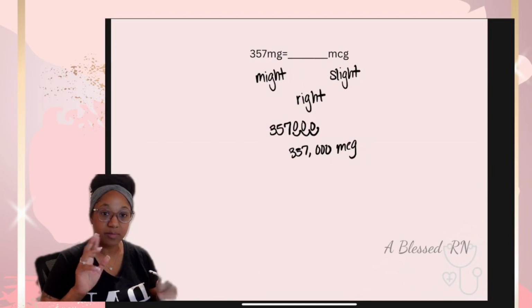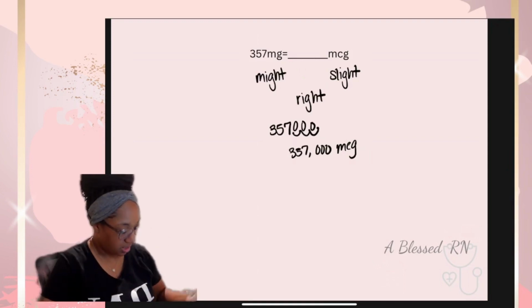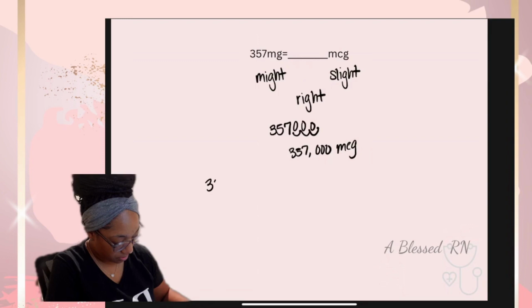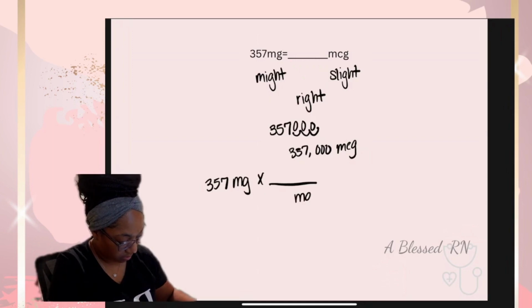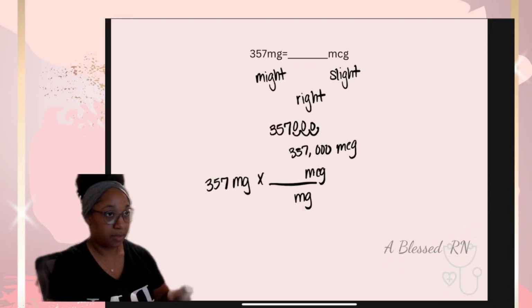But if you wanted to set it up using conversion steps, like in dimensional analysis, if you can't remember slight right, little large left, I'm going to show you how to work it out. 357 milligrams, with milligram on the bottom and microgram on top.